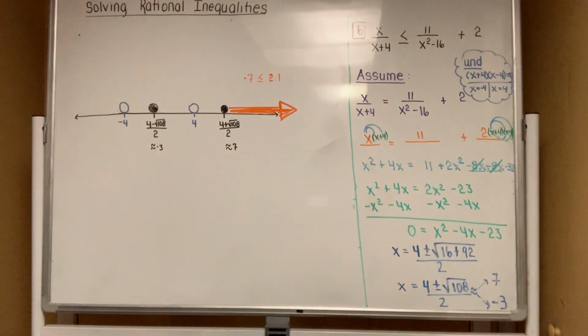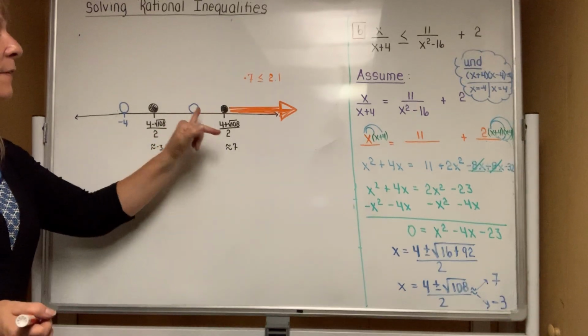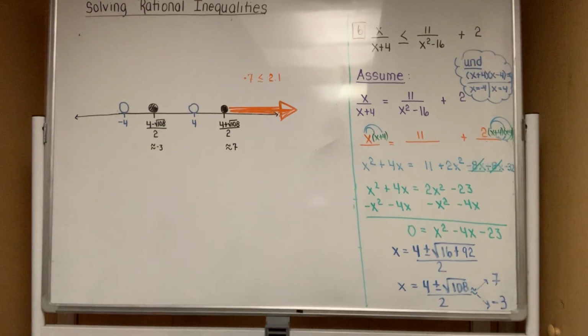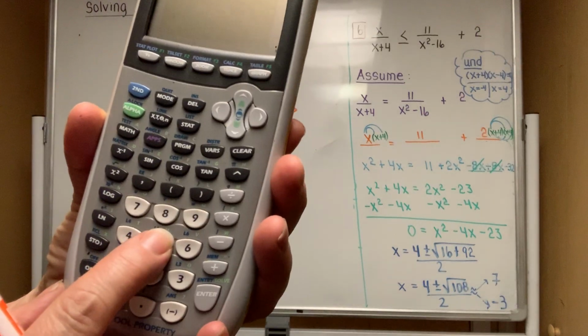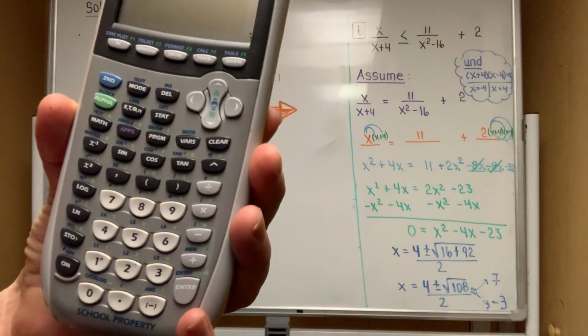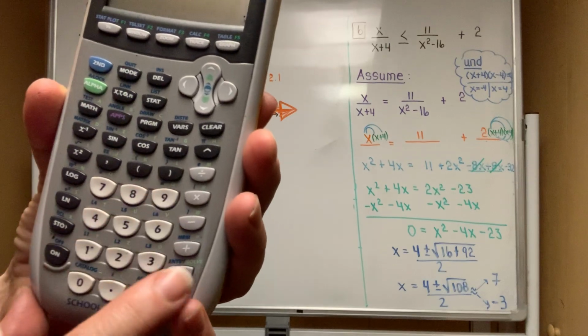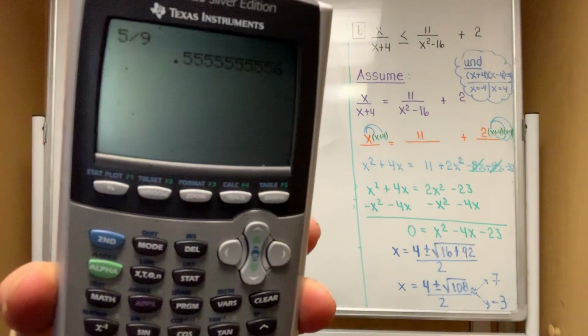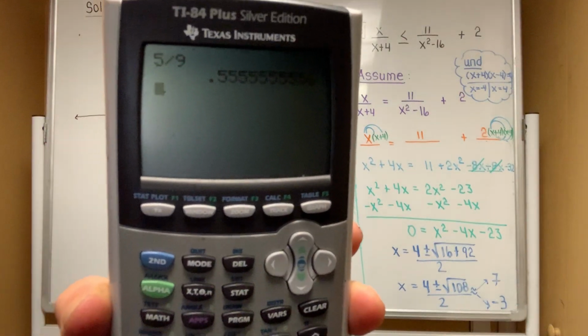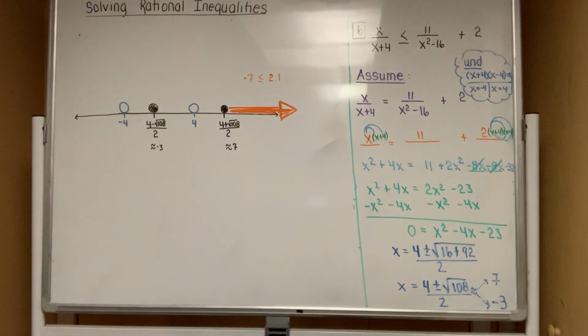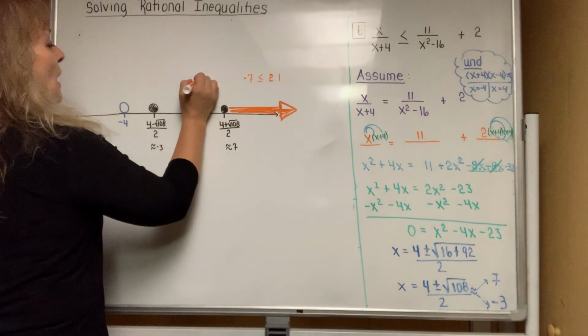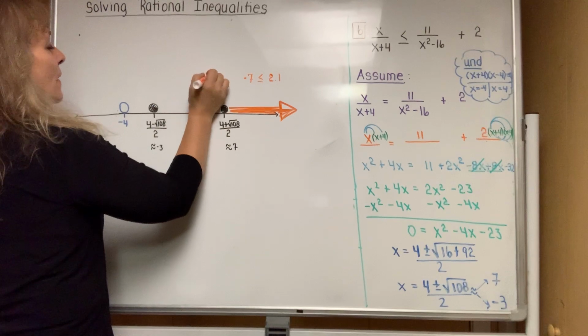All right, now I think I'm going to pick the number 5 to check. When I go to my calculator, the left-hand side is 5 divided by, and 5 plus 4 is 9. I'm going to get 0.55. I'm not even going to round. So this section, I'm looking at 0.55.